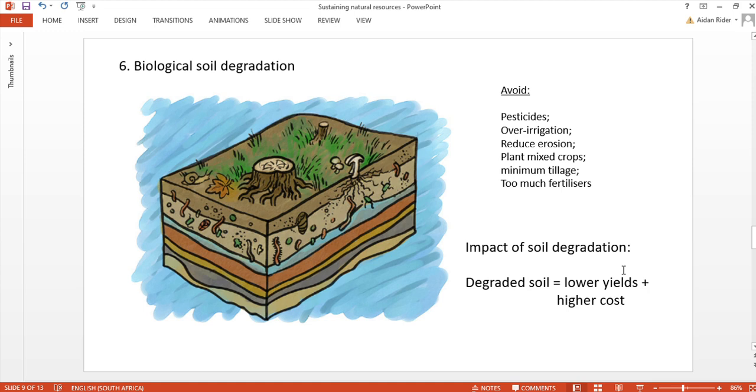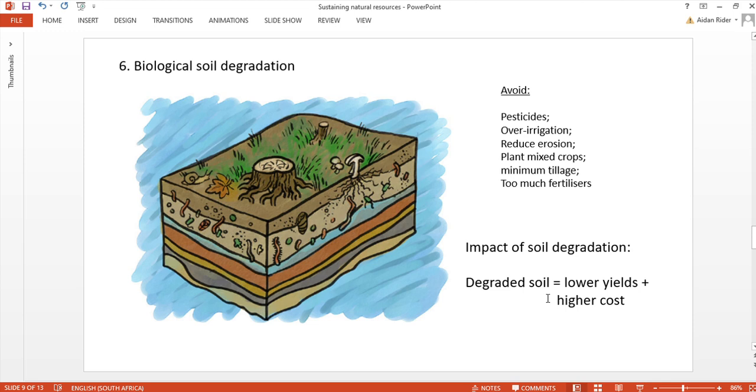We will have less crop, less food to feed the masses, and it will cause a higher cost, meaning we have to use more fertilizers or more manure or more things we need to buy to make sure that the quality of our soil goes back to normal. So if you have a degraded soil, it's not good for the environment or for the farmers' pockets, because it takes a lot of money to get this degraded soil back to a healthy quality.